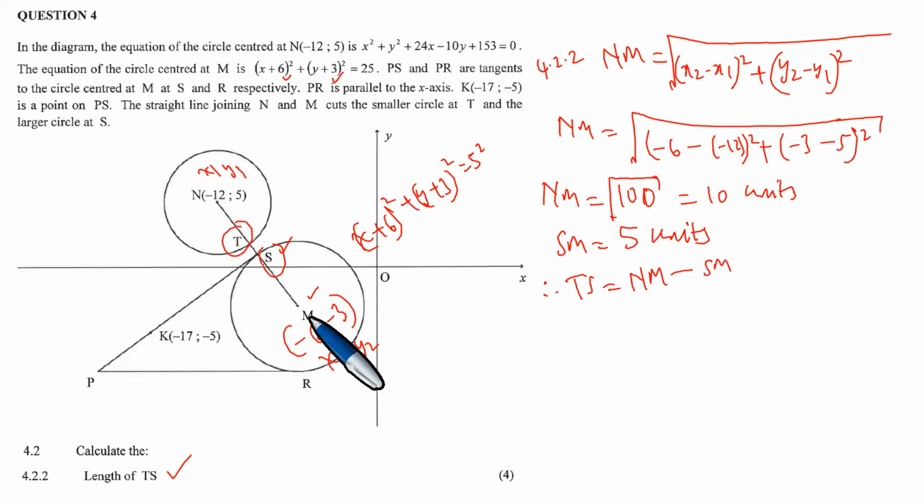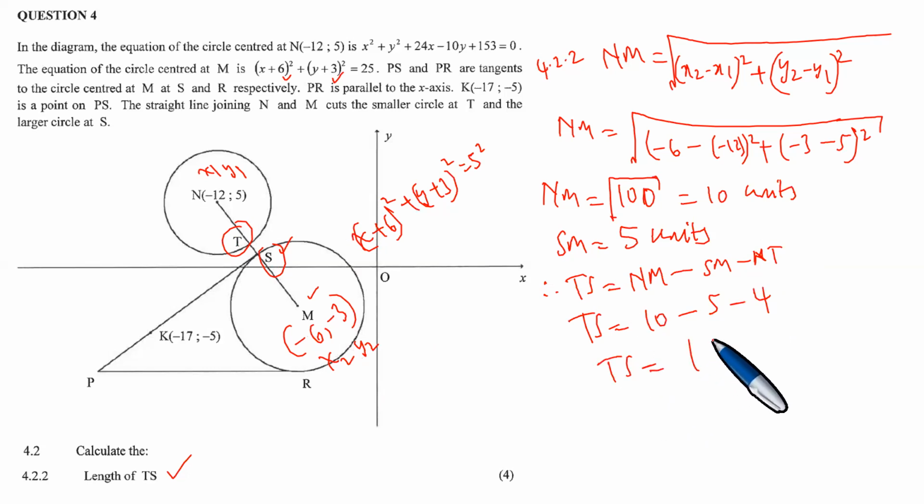Okay, from NM you subtract SM, but you also subtract NT. What is NM? What is SM? 5. What is NT? 4, which is 1 unit.